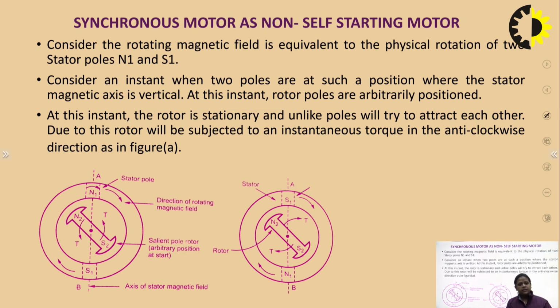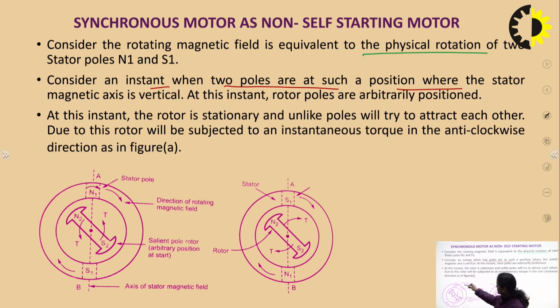Now why does this magnetic locking not get established at the starting phase? Consider the rotating magnetic field to be equivalent to the physical rotation of two stator poles, N1 and S1. Consider an instant when the two poles are at such a position where the stator magnetic axis is vertical.